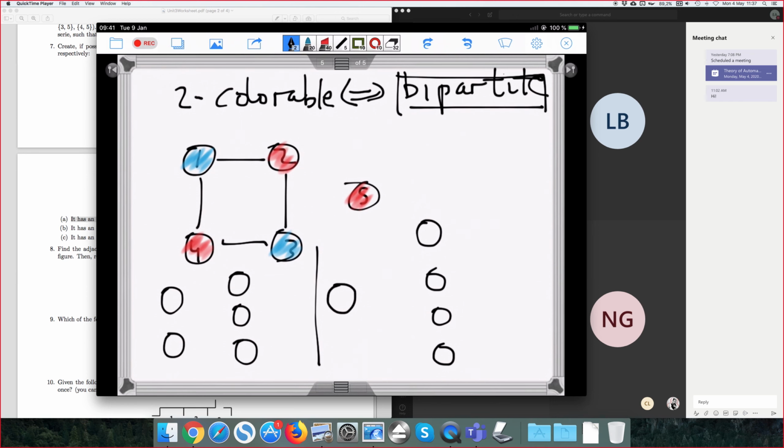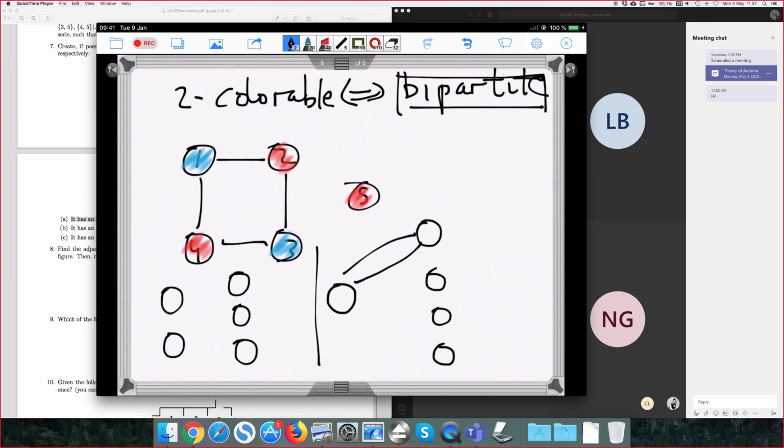So here I can try to do an Eulerian cycle like this. Well, of course, if I don't connect all the vertices, I can do just something like this, okay? These are two edges, okay? But if I want, this is Eulerian and it's bipartite, so it's two colorable.